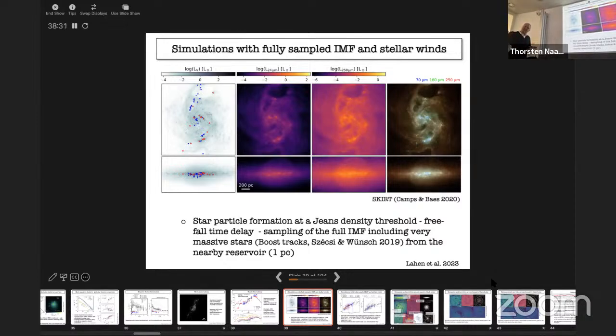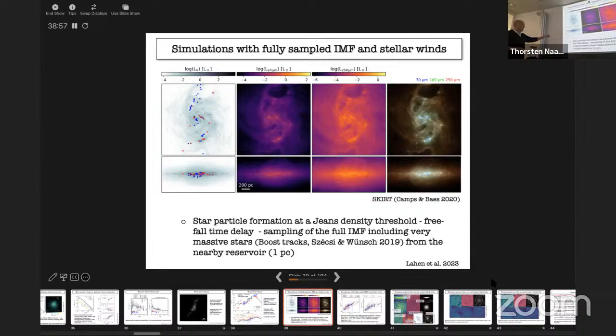So why do we do this? Because we think we have a good model for globular cluster formation, but globular clusters have this weird anomalous enrichment histories, which are unexplained at the moment. These metals in globular clusters probably come from very massive stars. So we would like to see whether this is a reasonable explanation.